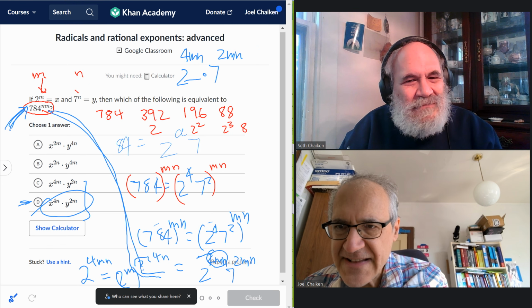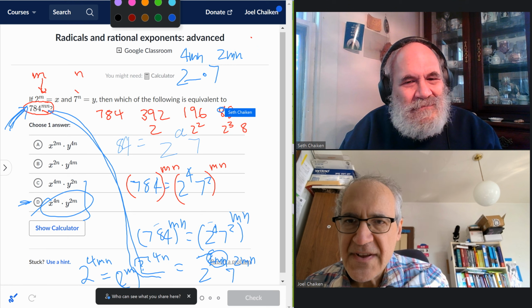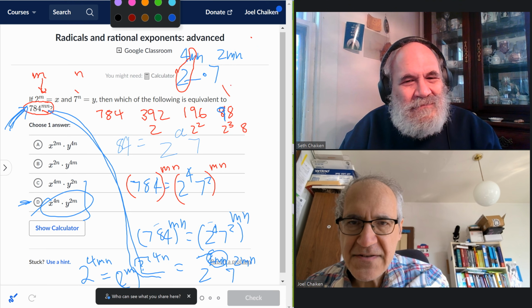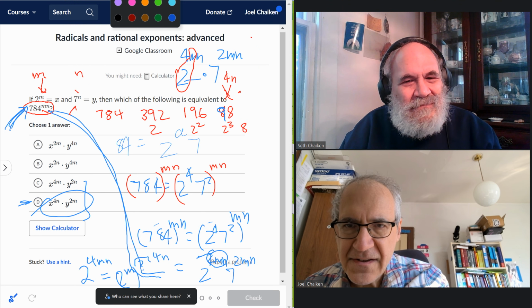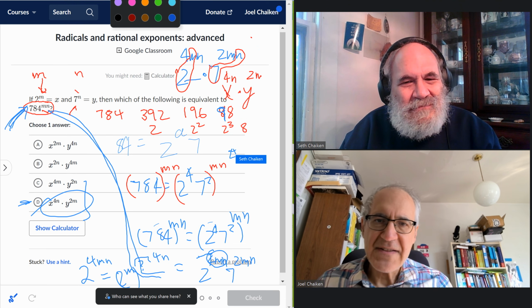But they're telling us that x is 2 to the m. So we take a different color. This 2 to the m becomes an x. And you're left with 4 to the n. This 7 to the n is this thing. See that? That's a y. And that's left to the 2m power. And then that's the answer.